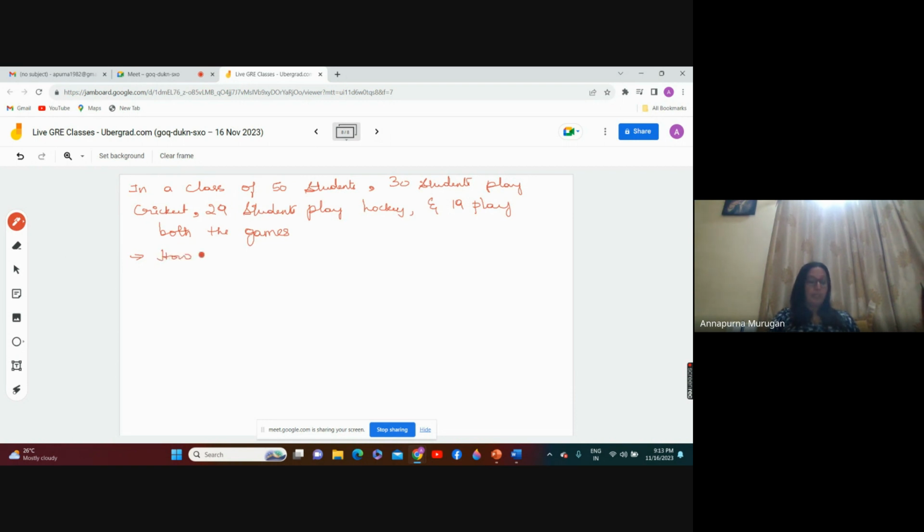How many students play at least one of the two games? At least one of the two games, that is basically A union B. Okay, I've given the hint also. How many play exactly one of the two games?